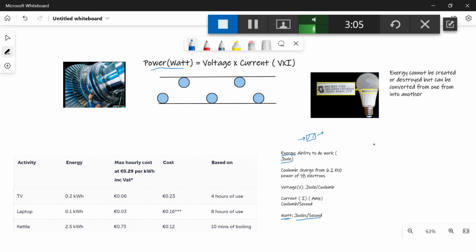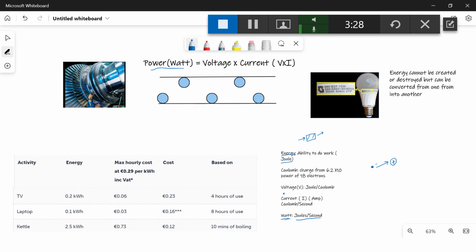We talked in the last lesson about the electron. If we take electricity, we have this tiny subatomic particle called the electron. If we apply a force, for example a positive force, this electron is going to move towards that positive force.